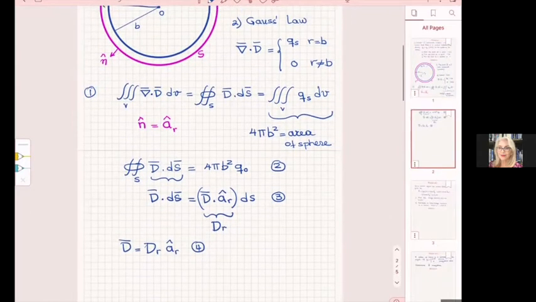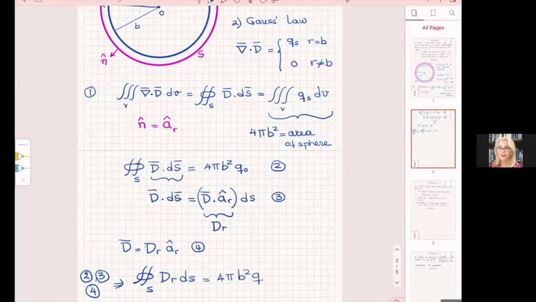So I will have the surface integral. From 2, 3, and 4, the closed surface integral of D_r dS equals 4π b squared Q sub naught.